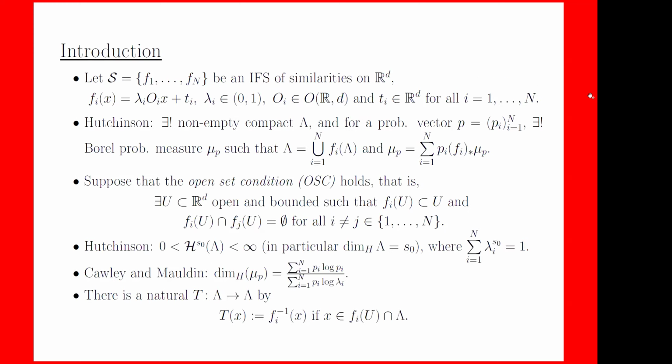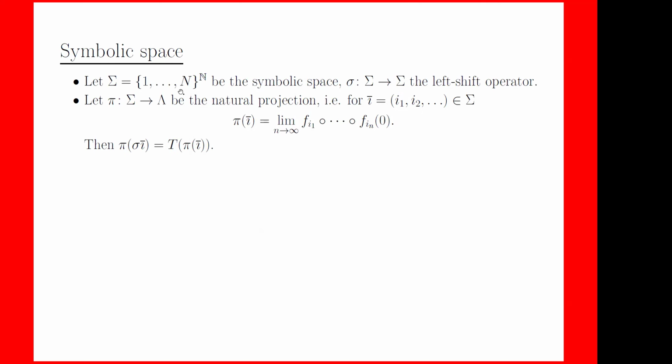We have N many functions, which means that our symbolic space will be the infinite sequences formed by these N many symbols corresponding to these functions. Let sigma be the usual left shift operator, and we can define this natural projection pi from the symbolic space to the attractor in the usual manner. What is good is that this natural projection conjugates these dynamics, what we have seen before, with the shift dynamics in this sense.